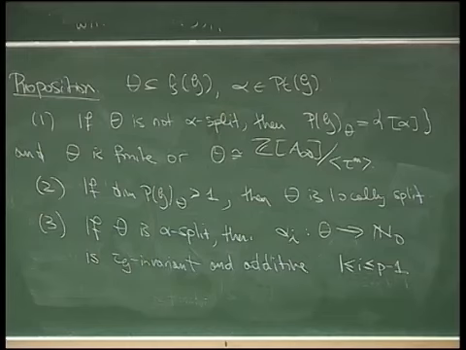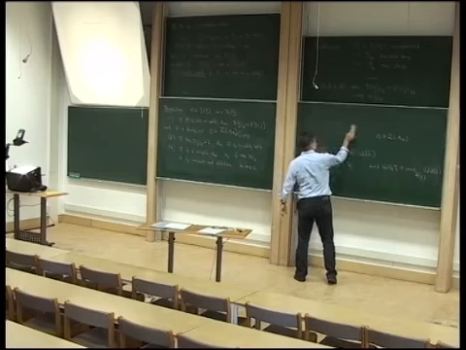So additivity refers to being additive on these almost split sequences. Okay, so this means that we have to look at two cases, those where a component is locally split, and the others where it's not.